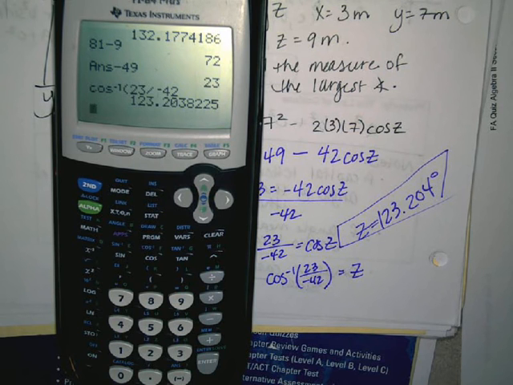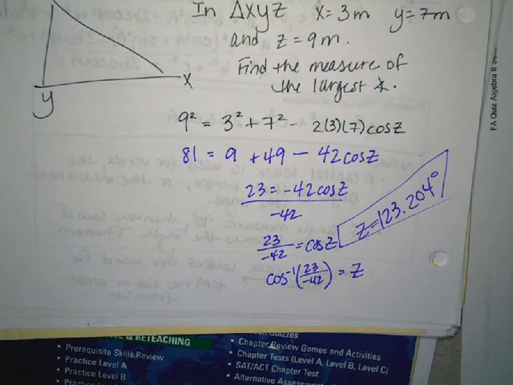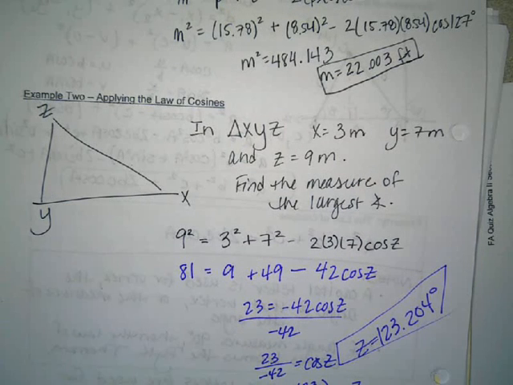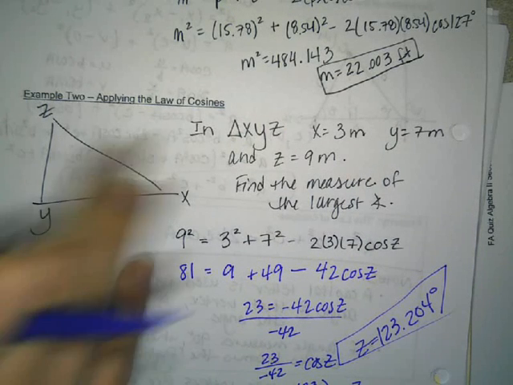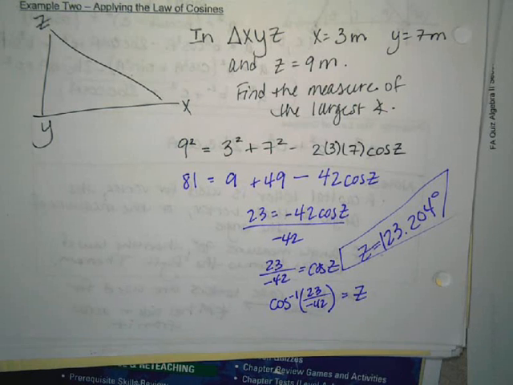So that might happen. Why? Well, like if you're just given this, you don't know for sure if any of the angles are obtuse. So you just kind of have to draw a triangle to label it, and then go from there. Alright, so that should be your answer for example 2.